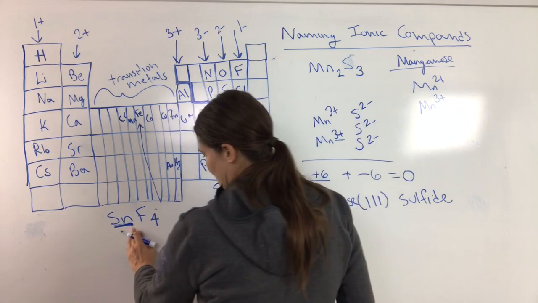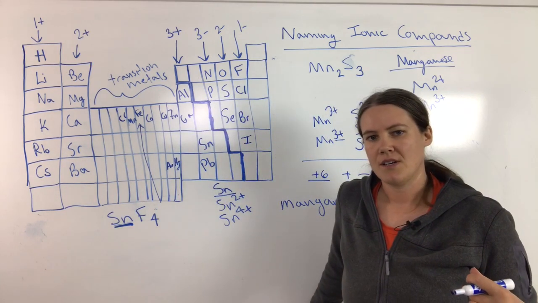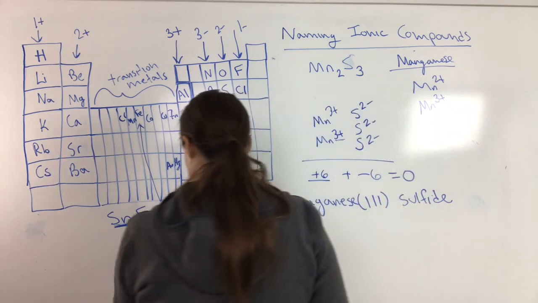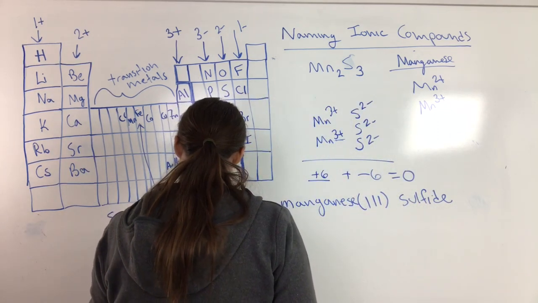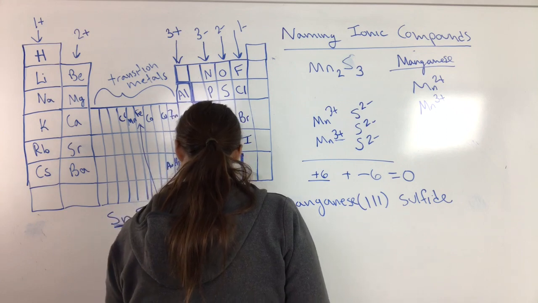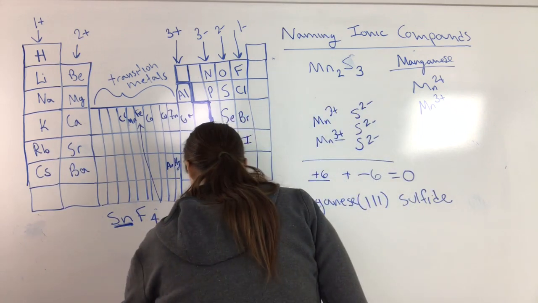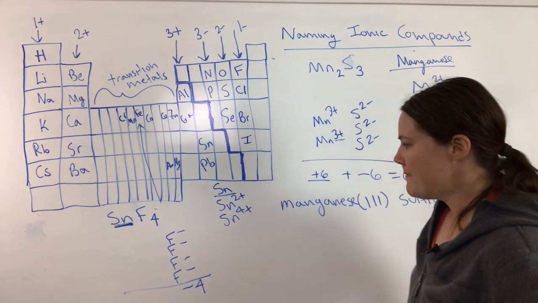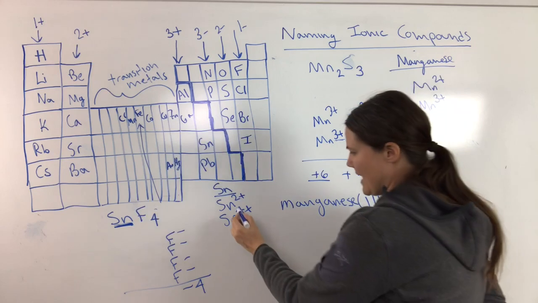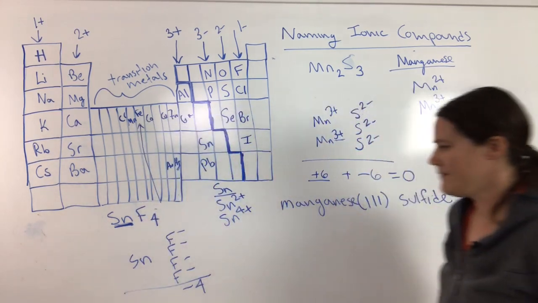So what we need to do is figure out what the charge is on tin so we can figure out which Roman numeral to put in this. So first of all, we have fluorine, and we have 4 fluorines that all have a negative charge. So this adds up to a -4, and then we know that we have 1 tin.